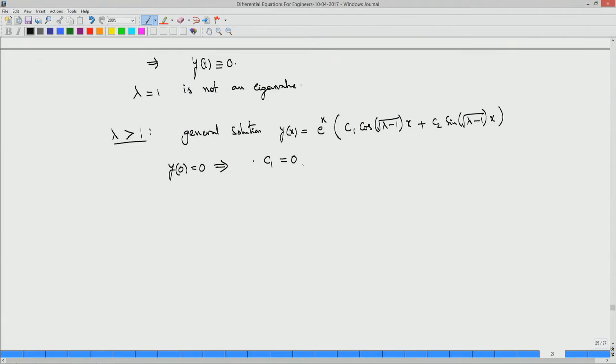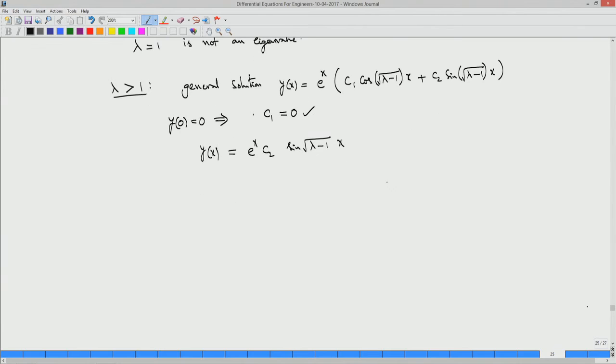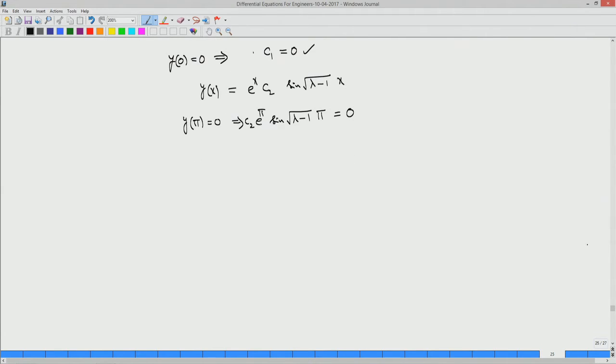So y(x) becomes e^x c2 sin(√(λ−1) x). Now apply the other boundary condition, y(π) = 0, which gives e^π c2 sin(√(λ−1) π) = 0. e^π is non-zero, so the sine has to vanish, which can happen for some λ values greater than 1. We have to see what those values are.